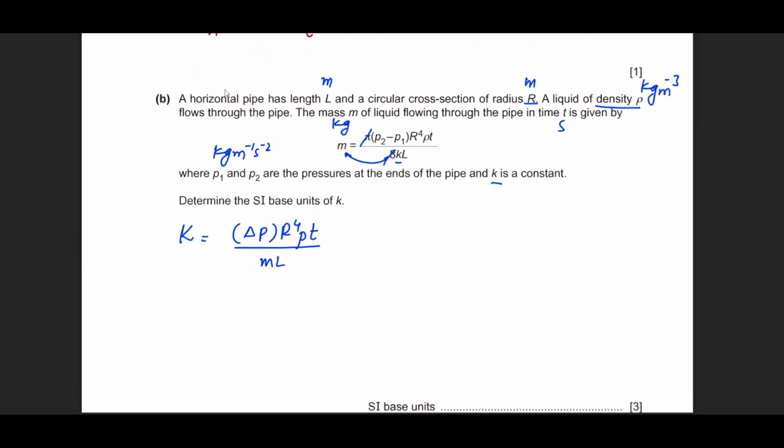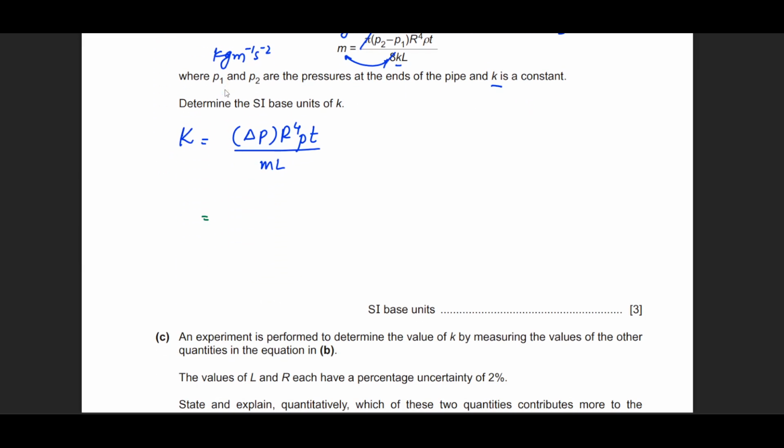Let's replace everything in place. So we have kg m^-1 s^-2 in place of this, then r^4 will be m raised to power 4, then rho, the density, which is kg m^-3, into t, which is seconds s, divided by m, which is the mass in kg, multiplied by L, which is the length in meters.